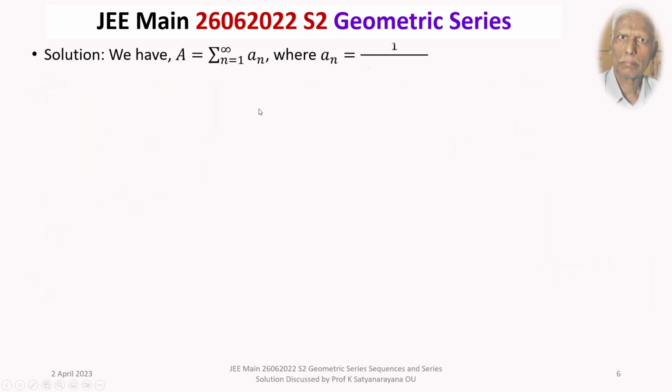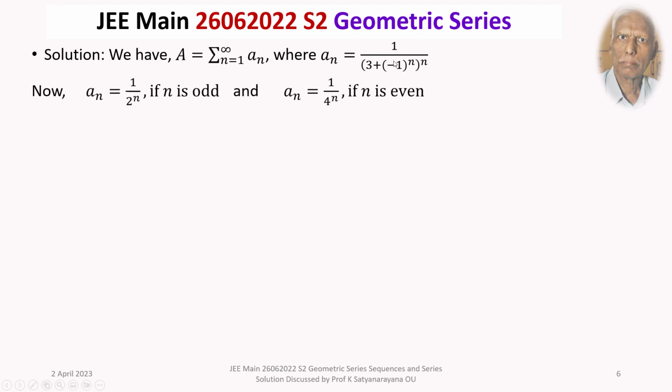We now discuss the solution of the problem in detail. Let's first take the first series. A is equal to sigma n is equal to 1 to infinity an, where an is equal to 1 by (3 plus (minus 1) to the power of n) whole power n. Now, if n is odd, then minus 1 to the power of n is minus 1.